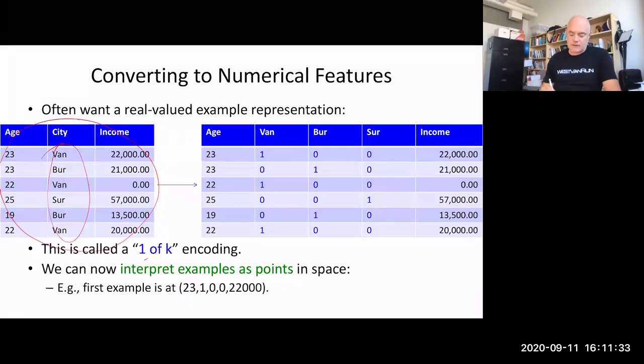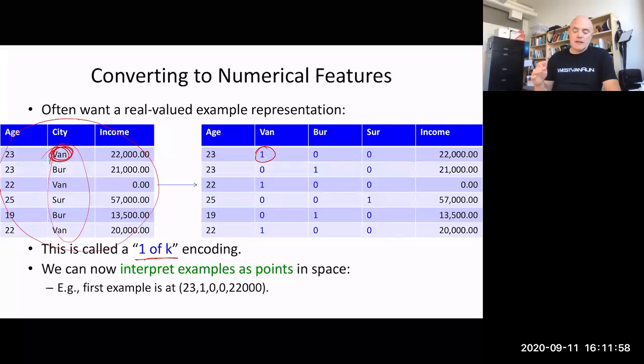One way to do this is to use a so-called 1 of k encoding. If we have k different cities in our data set, we can simply transcribe the city value into a one hot vector, indicating that this first individual lives in Vancouver, the second individual lives in Burnaby, and so on and so forth.